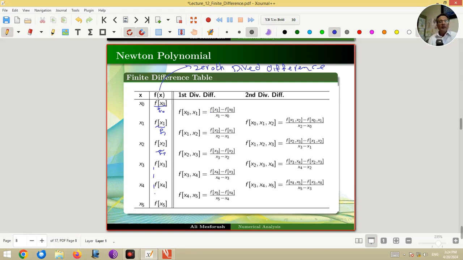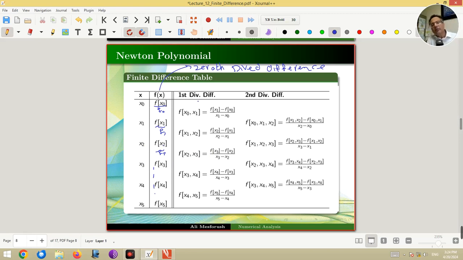This is the first divided difference for x1, and for f of x1 and x2, it will be f of x2 minus f of x1 over x2 minus x1. The other one is f of x3 minus f of x2 over x3 minus x2, and so on.